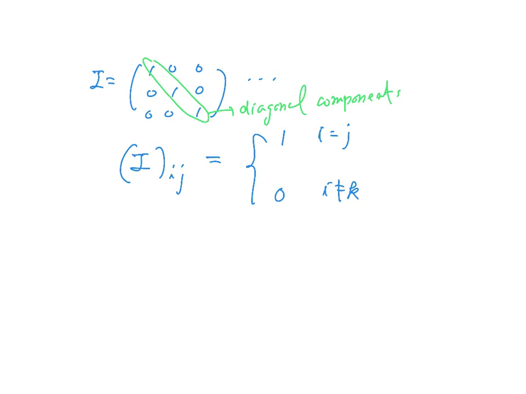So the identity matrix can be defined the following way. When the column index and row index are the same, it's 1. Otherwise, it's 0. It can be even simplified using the following notation, delta ij. Sorry, this has to be j.